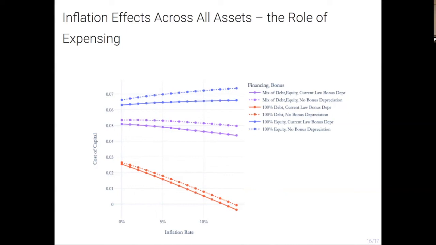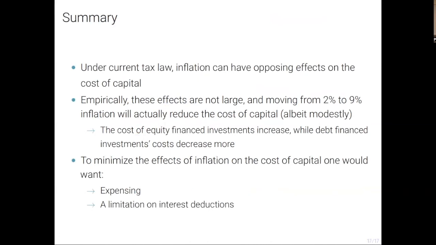Okay, and so a takeaway of this is that under current law, inflation has opposing effects on the cost of capital. Empirically, these effects are not large. Moving from, say, 2% to 9% will actually reduce the cost of capital, albeit modestly.